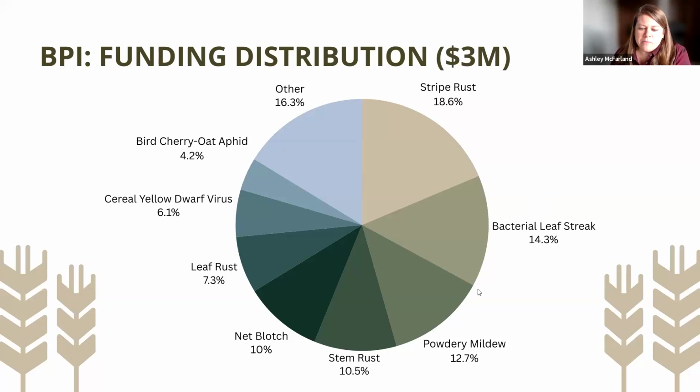Then we have powdery mildew, stem rust, net blotch, leaf rust, yellow dwarf virus, and then one of the aphids. And 16% of that funding goes to the others. I'll go to the next slide and show you what those others are, but I wanted everyone to get a good look at this and let it soak in.